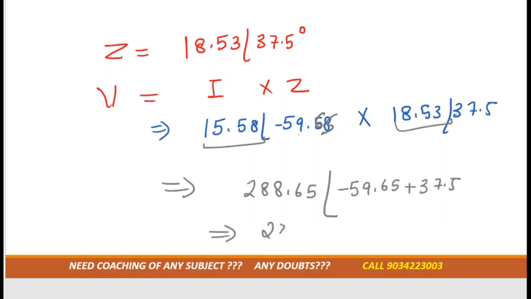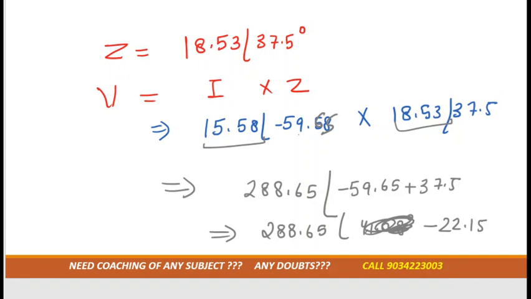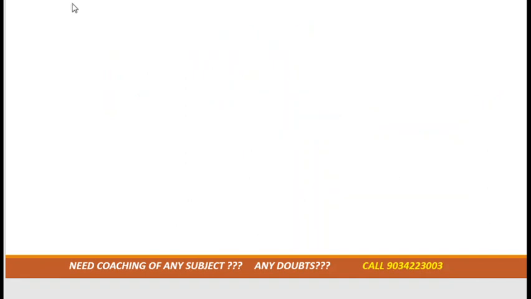So you'll get 288.65, angle 22.15 degree. Okay, so what they are asking in the question is the voltage, and we already calculated the voltage, right? Next is the phasor diagram.